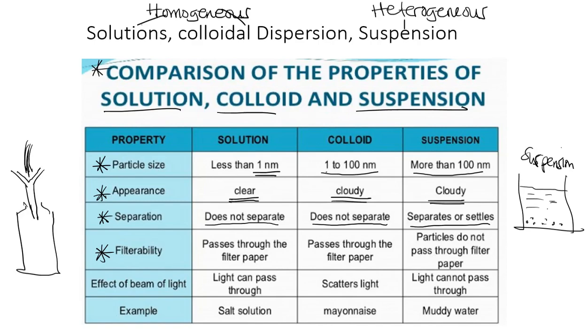So if you filter a solution, it just passes through the filter paper into the container. You do the same thing with a colloid. It also passes through the filter paper. So these two are going to pass through the filter paper.